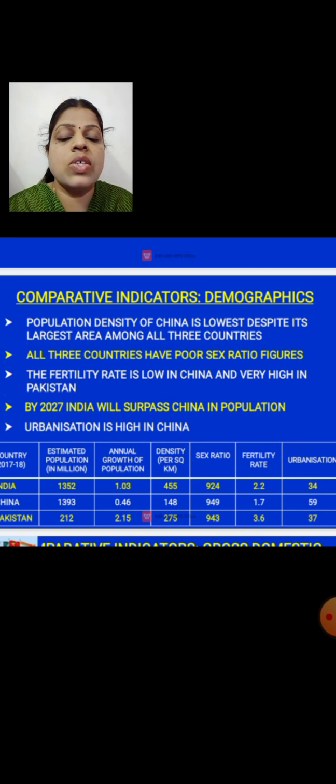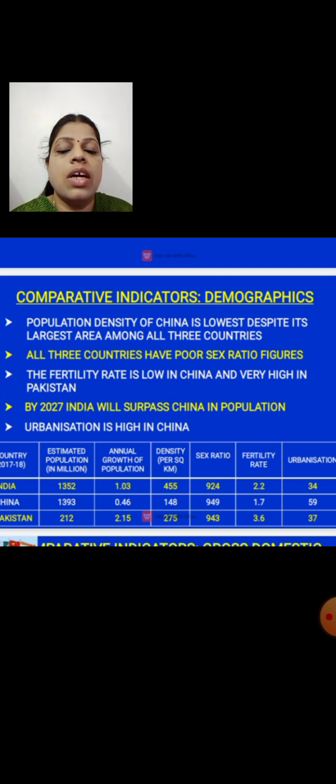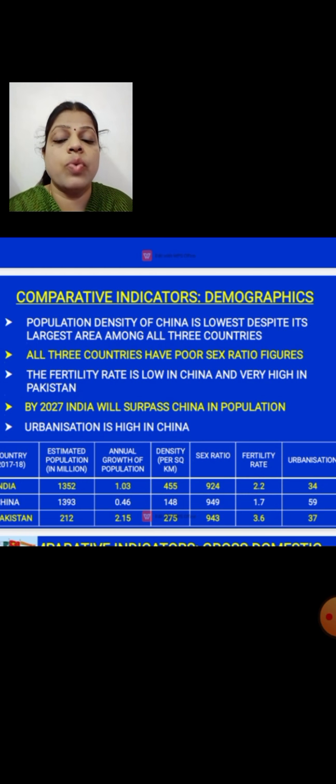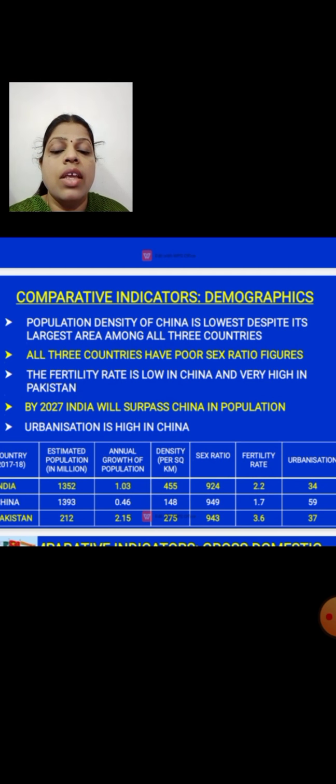So here we can see the statistical index given for all these demographic structures. Here we can see the country, 2017, 2018, India, the estimated population. It is given in millions and it is estimated as 1352. Whereas if we compare the other countries, China and Pakistan, it is 1393 and 212.